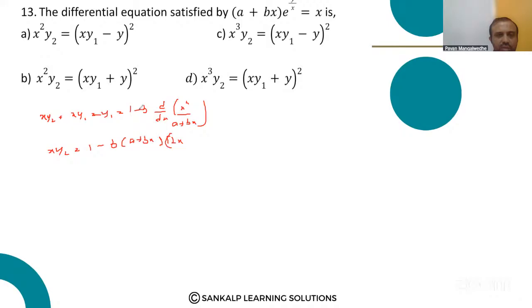2x, in the sense it is multiplying this 2x minus x square into b, the whole divided by a plus bx the whole square.